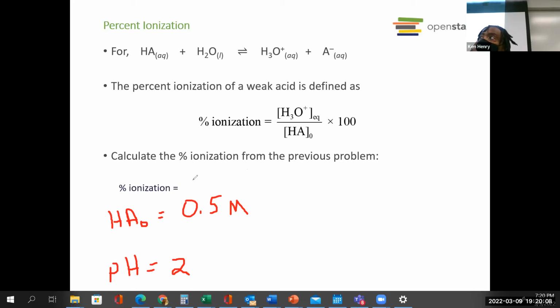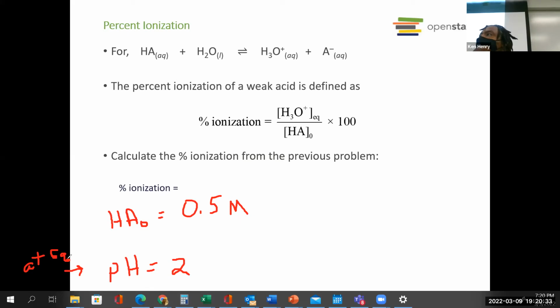So if I want the percent ionization, will I need to do the ice table? This is at equilibrium. Okay. So would it be 2 over 0.25? No. What is pH?